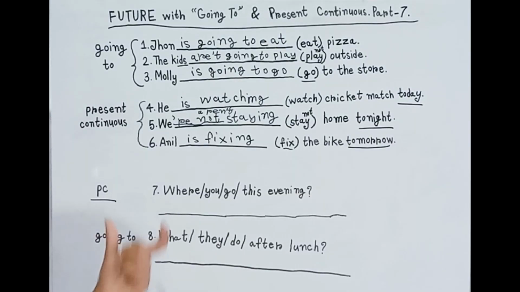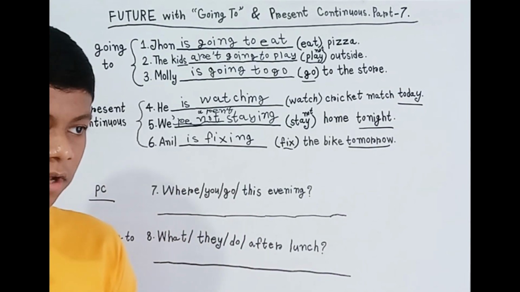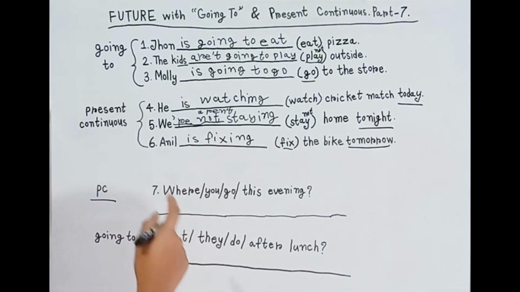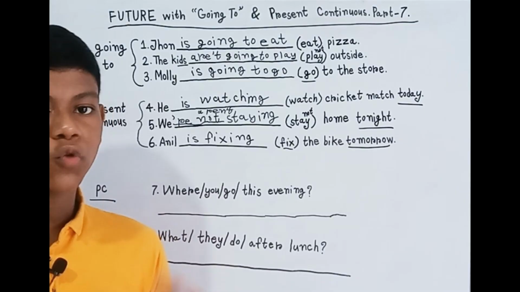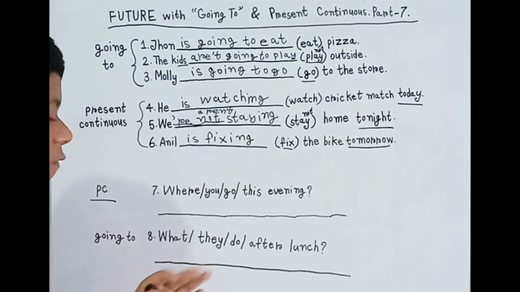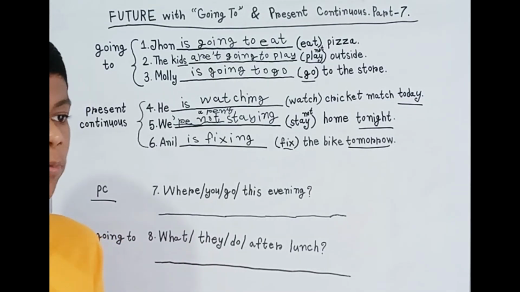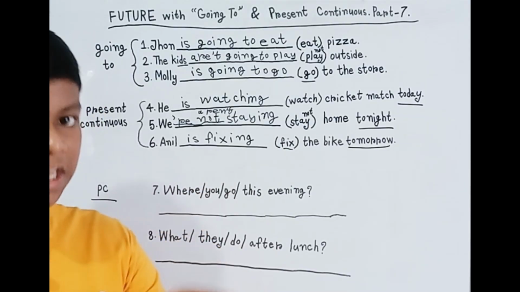So in this sentence, where you go this evening, the sentence is a little bit wrong, but we don't focus on that. Because our main goal is to transform it into the future with present continuous. So if the question is wrong, no problem, we have to transform it into the correct one.